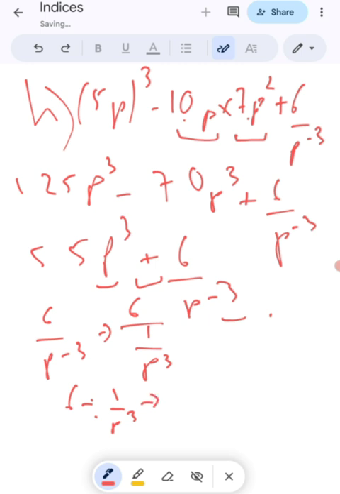Whenever there is a divide, I put a multiply sign, right? And the denominator goes up, becomes a numerator, and the numerator goes down, becomes a denominator. So it automatically becomes 6p^3. That's why in the previous working, I wrote 6p^3 directly. I think the concept is clear to you all now. So again, 55p^3 plus 6p^3 is going to be your 61p^3 as your answer.